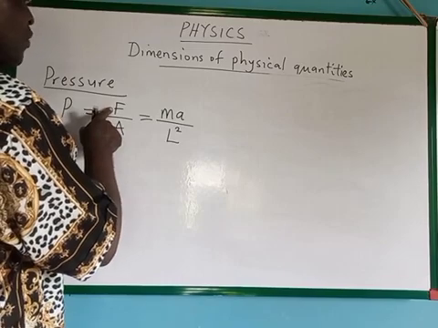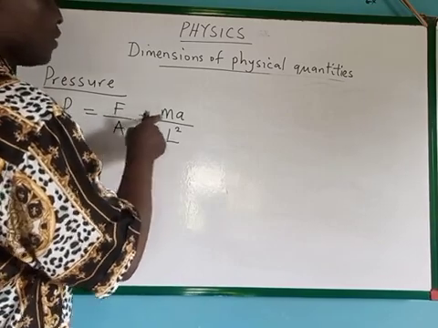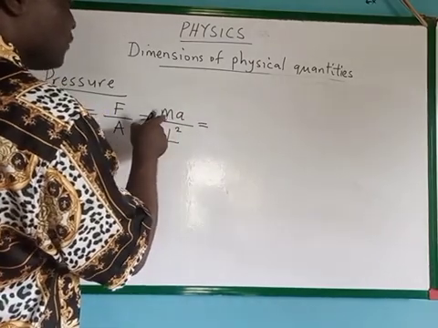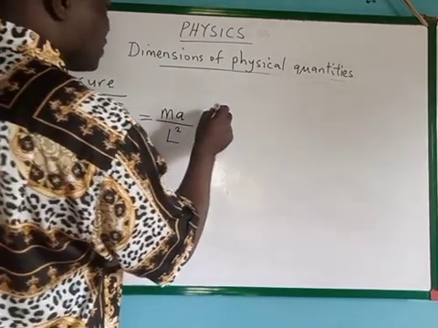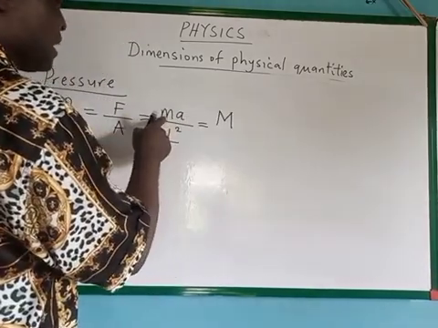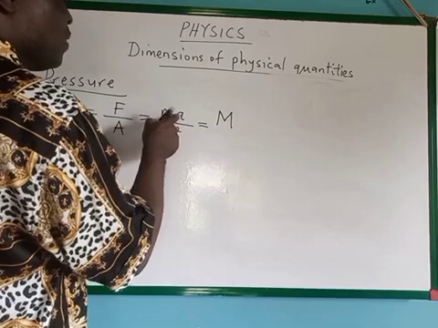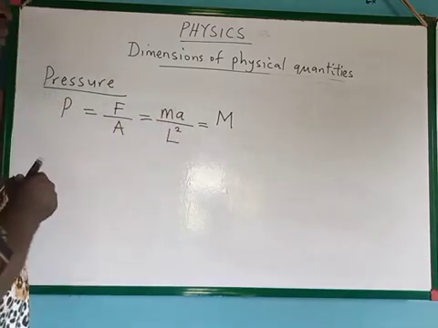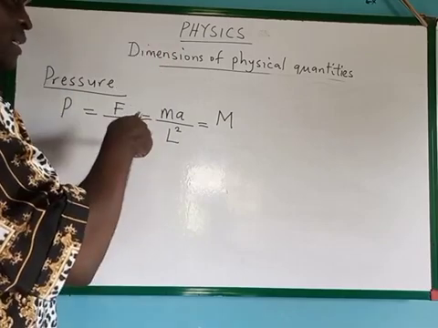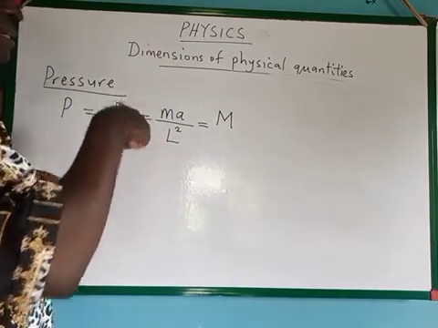What about the dimensioning for force? Let us start by using the formula. We said the fundamental quantity of mass is what? M. We said the fundamental quantity here is mass, and we are representing it with M. What about acceleration? Acceleration, we said, is velocity divided by time.